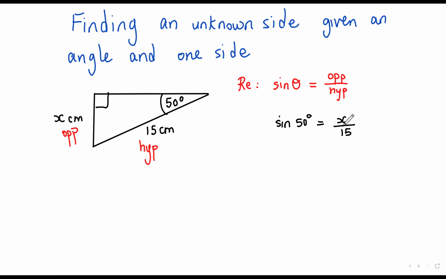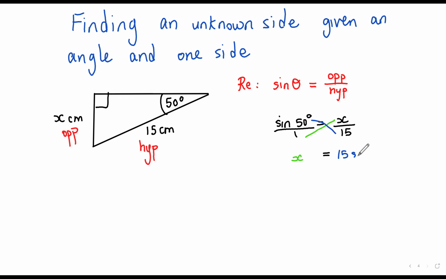At this point, this is what I do. I put this side over 1, and whenever you have two fractions on either side of the equal sign, you can cross multiply to get rid of the fractions. Cross multiply means I multiply the numerator on one side by the denominator on the other side. So x times 1 is x, and that equals 15 times sine of 50.